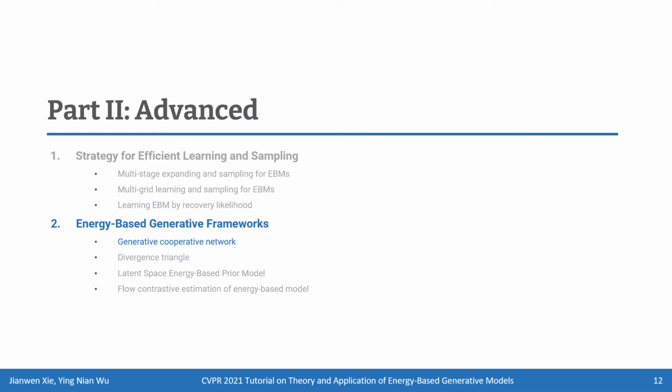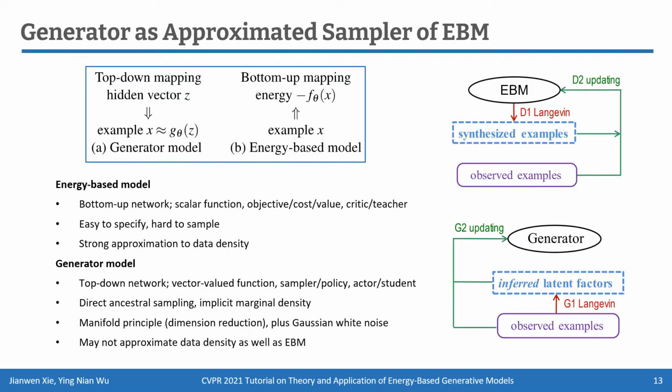We now move to the second part, where we incorporate a generator network. So we treat the generator model as an approximate sampler for the energy-based model. A generator model is a top-down model, where we consider the observed example, for example an image, at the bottom.